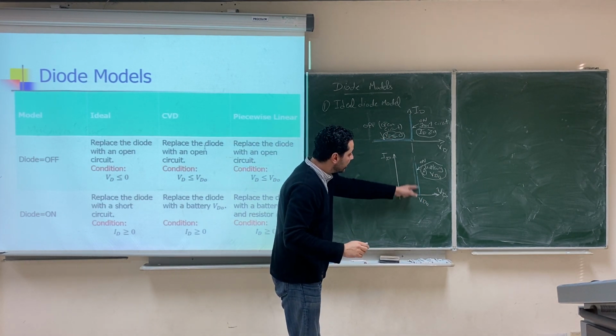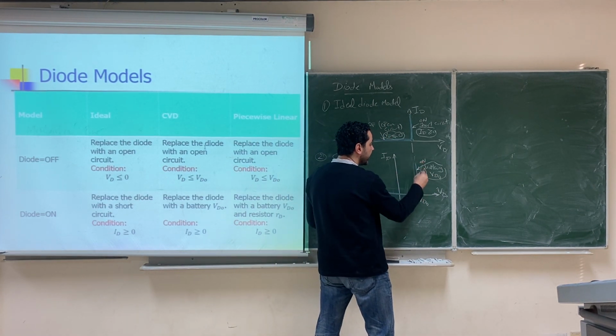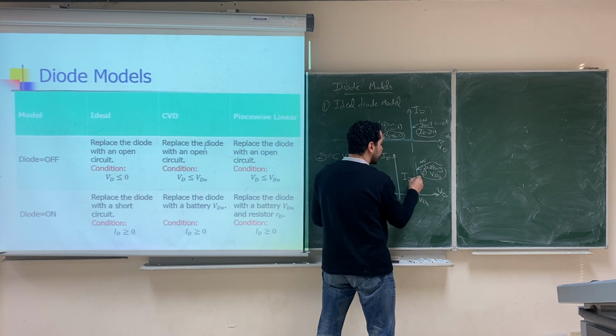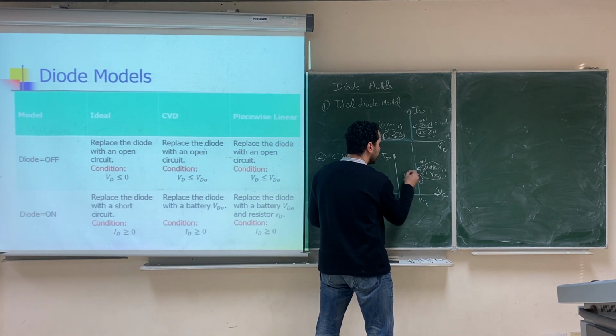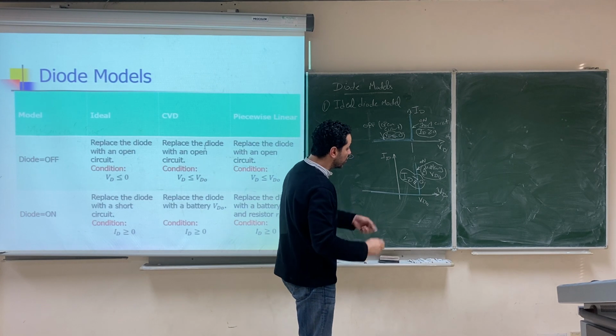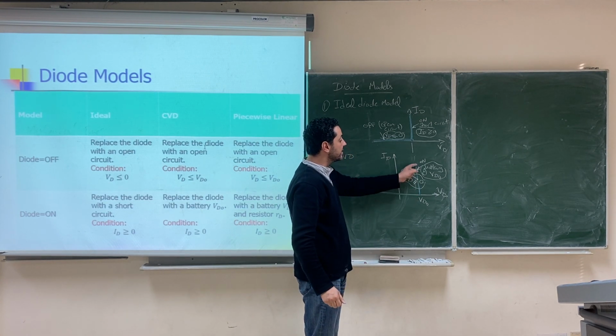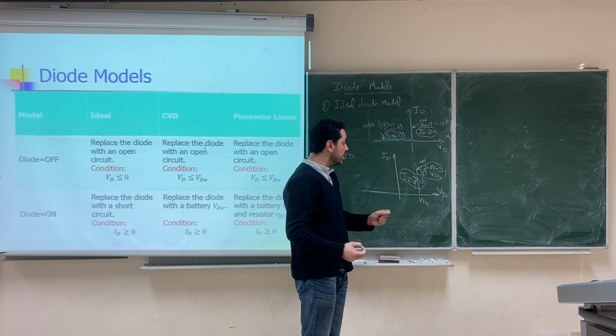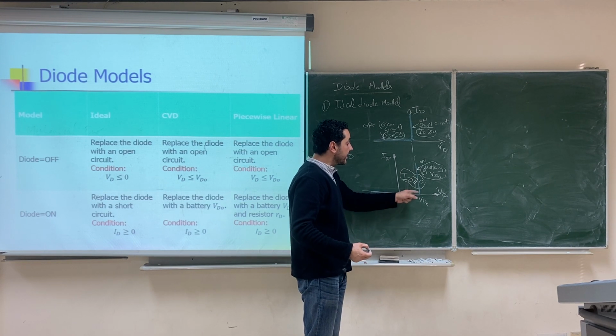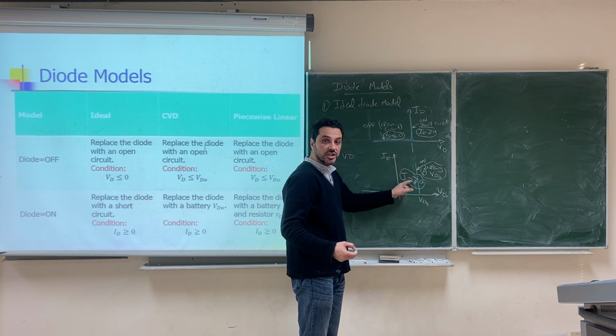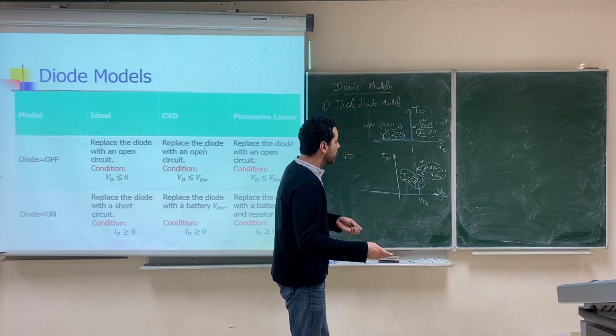But the condition is that the current of the diode must be greater than or equal to 0. So when the diode is on, you can represent it as a battery of value VDO, and the current can take any value greater than 0.